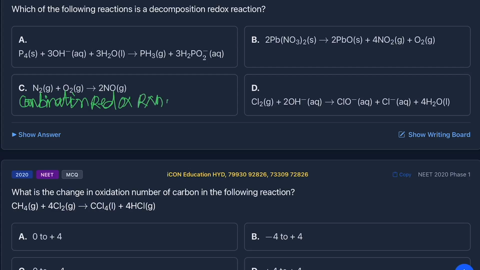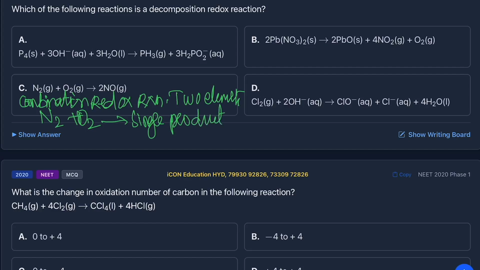Here two elements, N2 and O2, combine to give rise to a single product. So we call it the combination redox reaction.